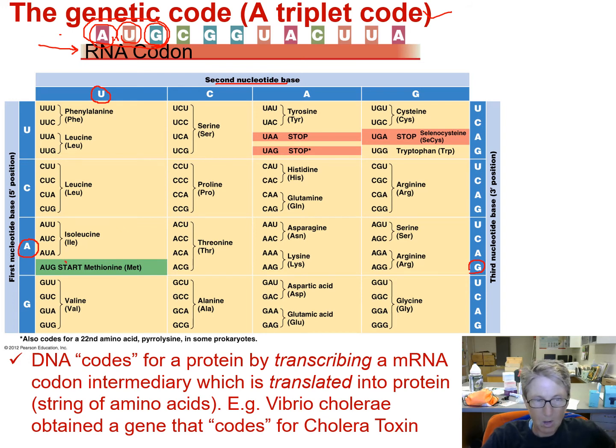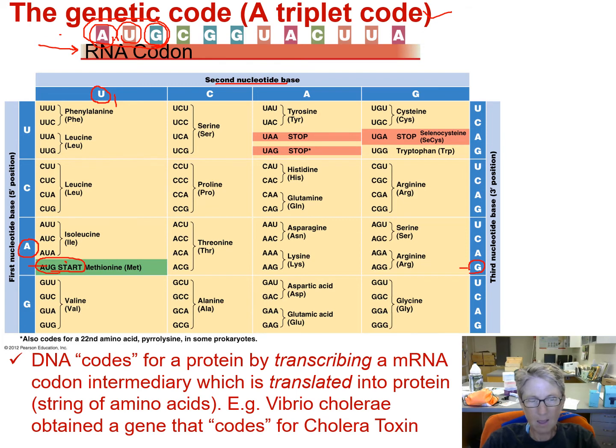So you come over here, AUG, and you read start. So AUG is the start codon to start translation of the messenger RNA sequence.